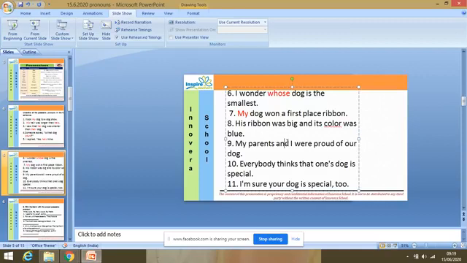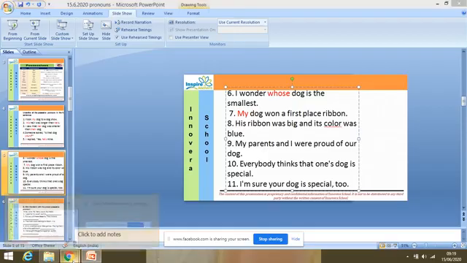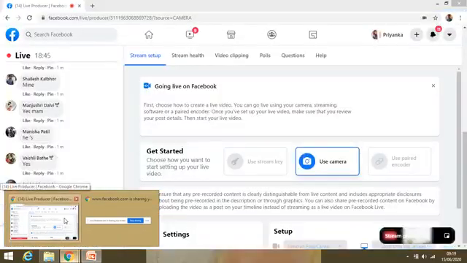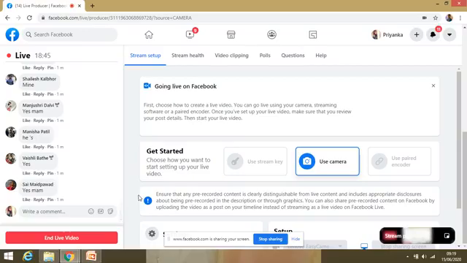Can anybody tell the correct answer for this? I will read: his ribbon was big and its color was blue.